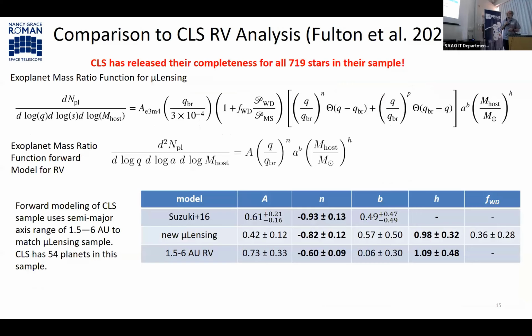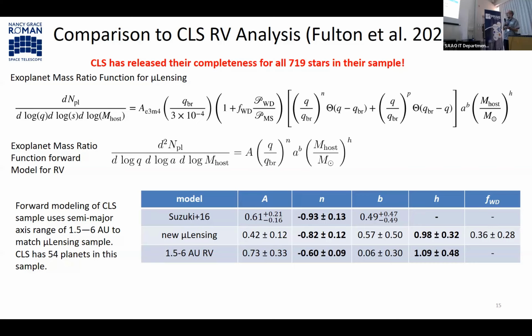Yeah, so we can also compare this to radial velocity results, and so I'm taking this from Fulton et al. Because they give the, well, I couldn't do it for the Mayor et al. paper because they didn't publish enough of their data.